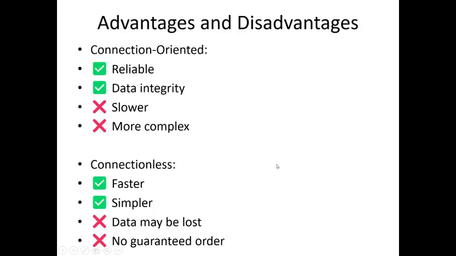Advantages and disadvantages of this. Connection oriented is reliable and ensures data integrity, but it is slower and more complex. Connectionless is faster and simpler, but data may be lost, with no guaranteed order.